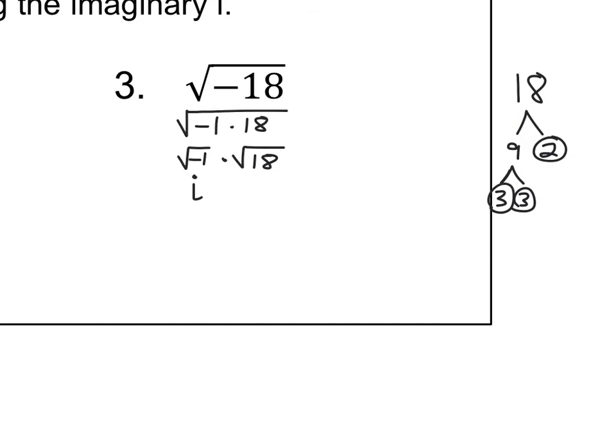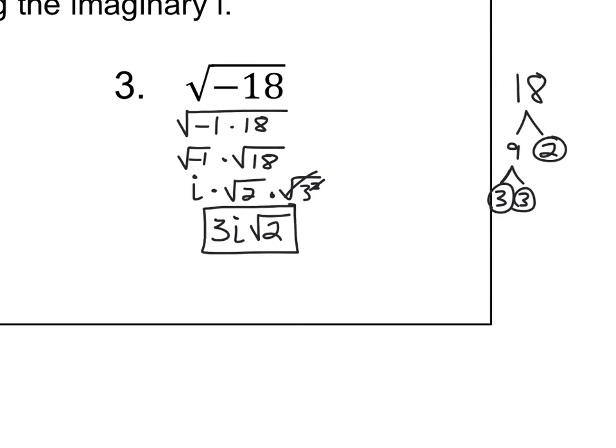So now this is times the square root of 2 times the square root of 3 squared. If you remember, the square root and the square cancel, so I'm going to put that 3 in front of the i. So it's going to be 3i, and the square root of 2 does not have a square on it, so that stays inside. That's an example of one where you have to break it down.